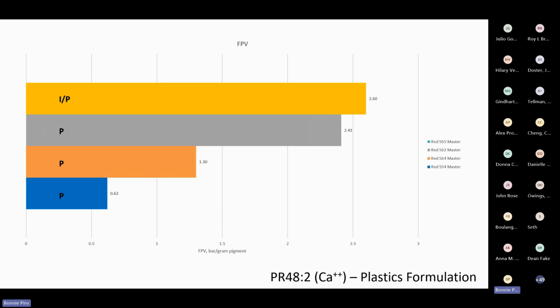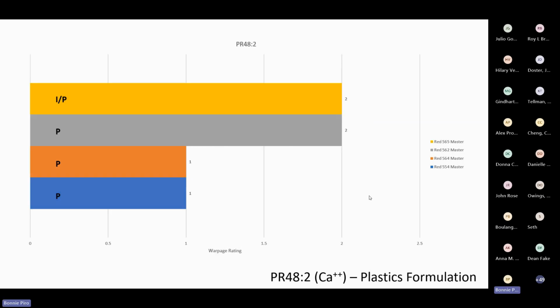Filter pressure value is another area to take a look at to see where the finishing techniques used differ in terms of this particular performance property. Again, these 2 products differ versus the other 2 products. We have one very good product here that has a very low filter pressure value.